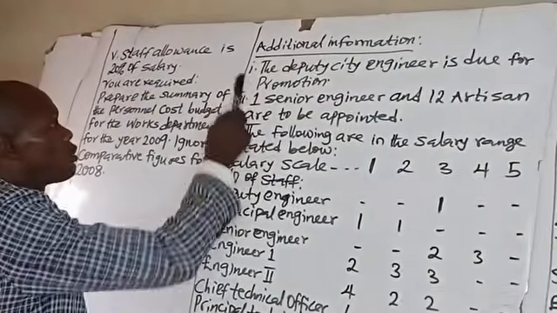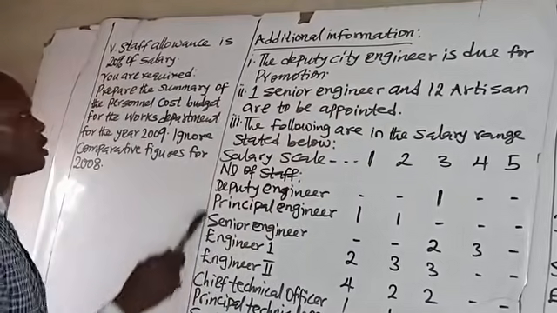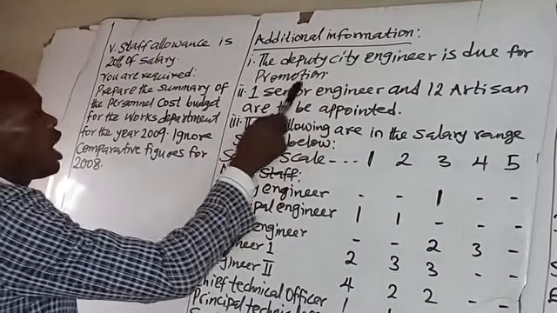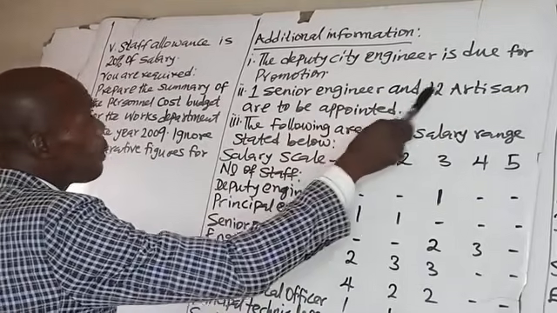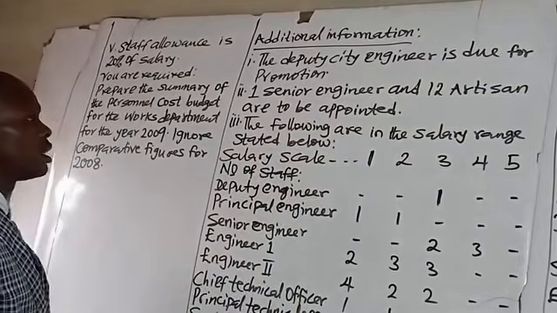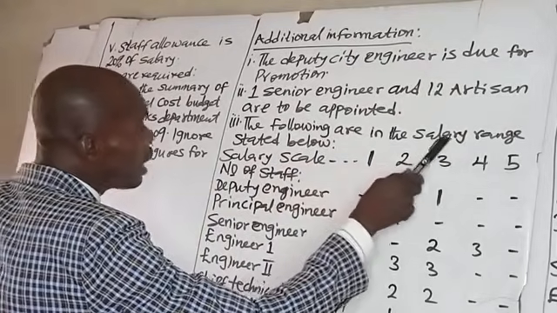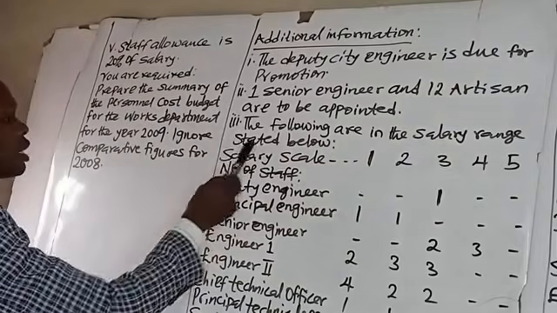Additional information. 1. The deputy engineer is due for promotion. 2. 1 senior engineer and 12 artisans are to be appointed. 3. The following are in the salary ranges stated below.